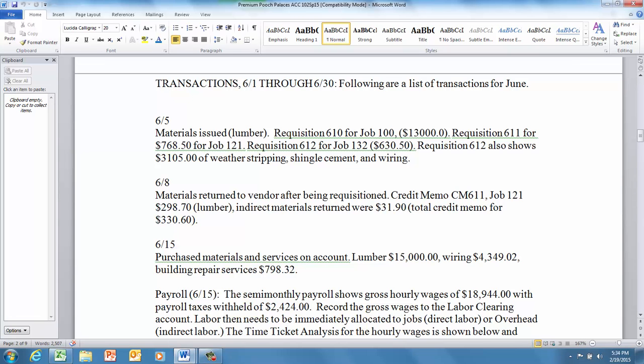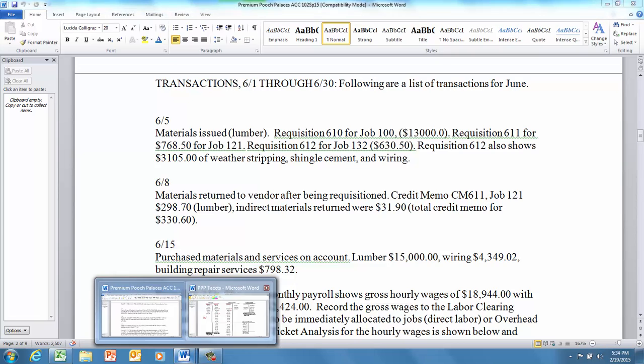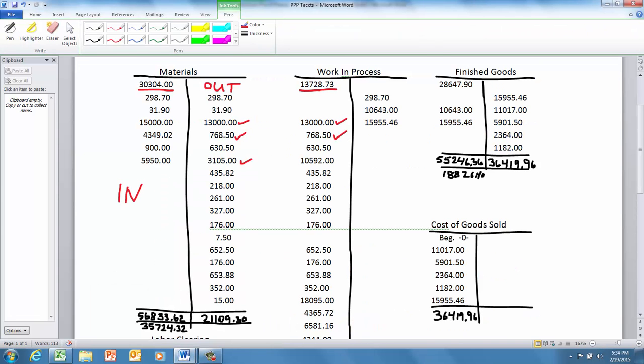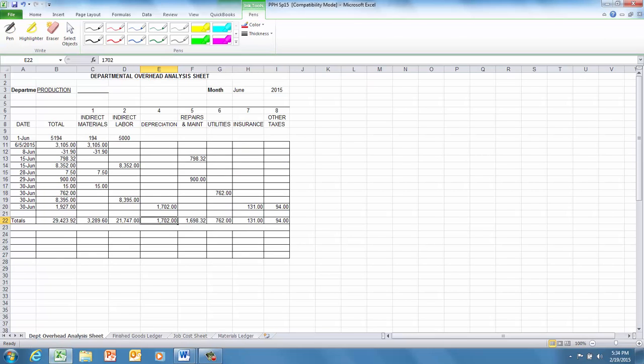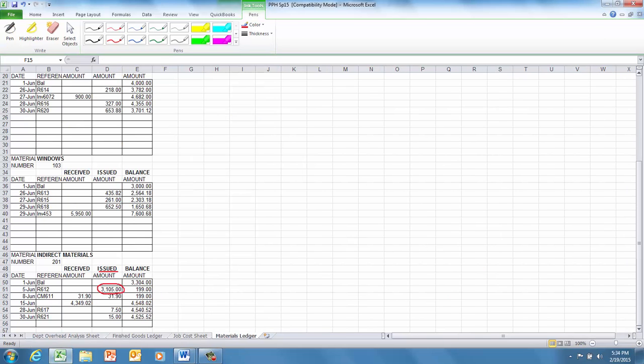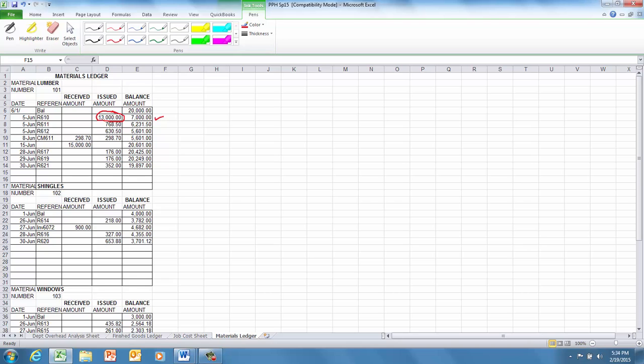All right. Here on the 15th, we purchased materials and services on account. We purchased some lumber for $15,000. Okay, so materials were coming in to the materials, and so here's the $15,000 there. Then I would go to my materials ledger. I would go to lumber.